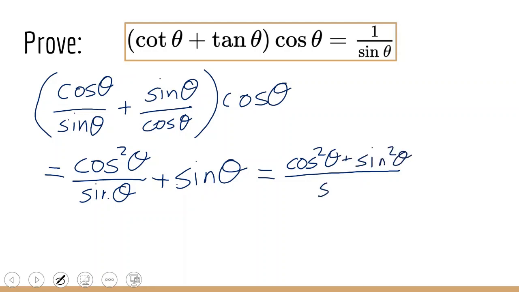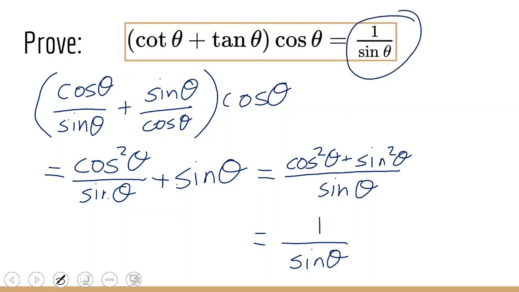In doing so, I would then get this equation over here. From the Pythagorean identity, we see that cosine squared theta plus sine squared theta is just 1. And so we get 1 over sine theta, which is exactly what we needed. So we have proved this equation.